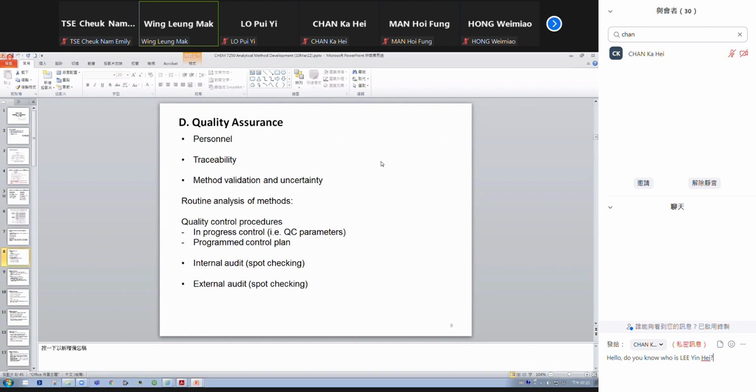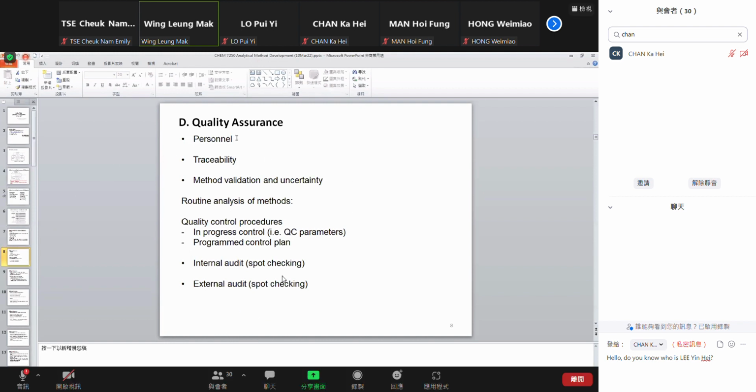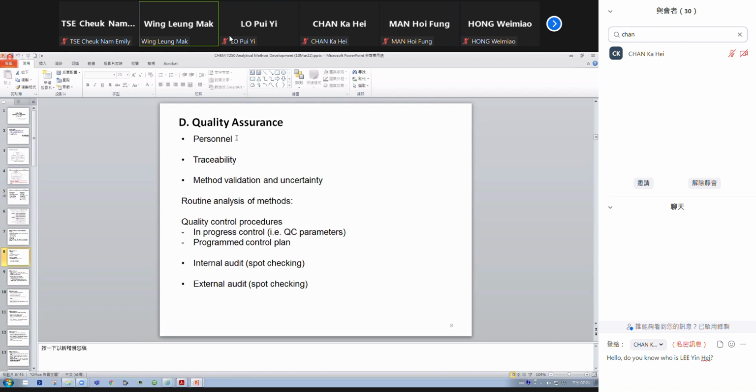To ensure the quality of the result, of course, you have good personnel. Good personnel means the person should be well trained and have the knowledge background of this analytical method and have the experience to do that. And also in the future, they will repeat with some refreshers for this personnel to ensure he or she can do the right thing.